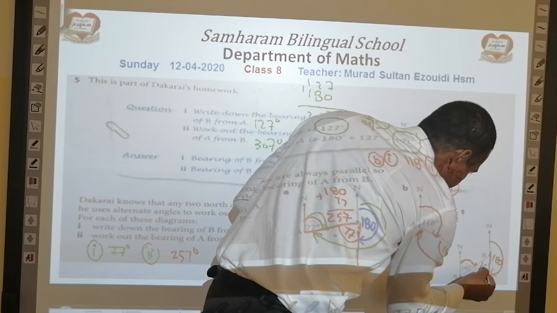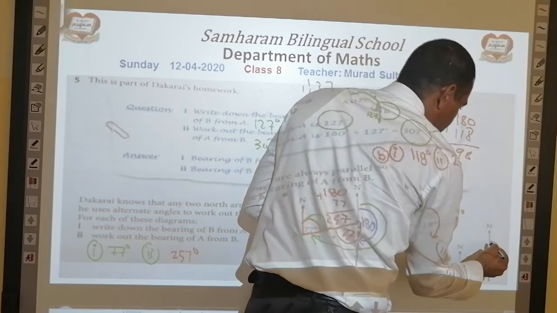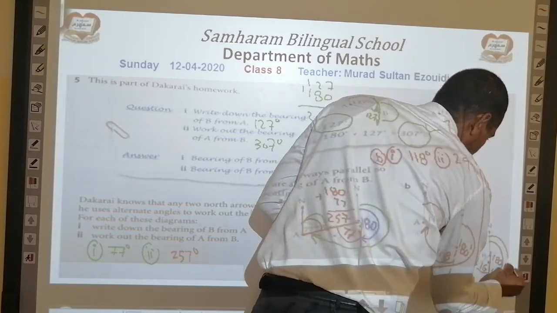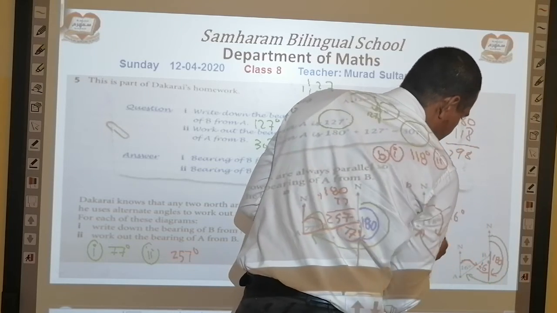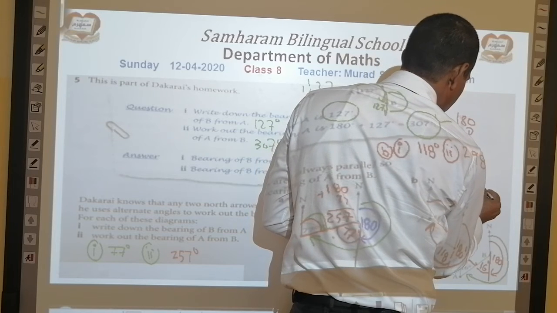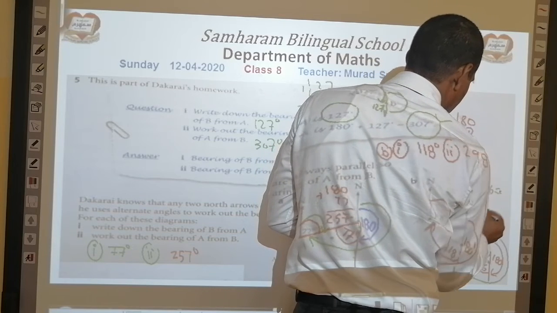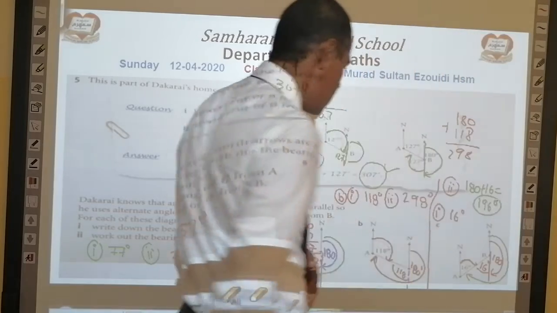It means this is also 16 degrees. So the bearing of A from B is 180 plus 16, which is equal to 196 degrees. Okay?